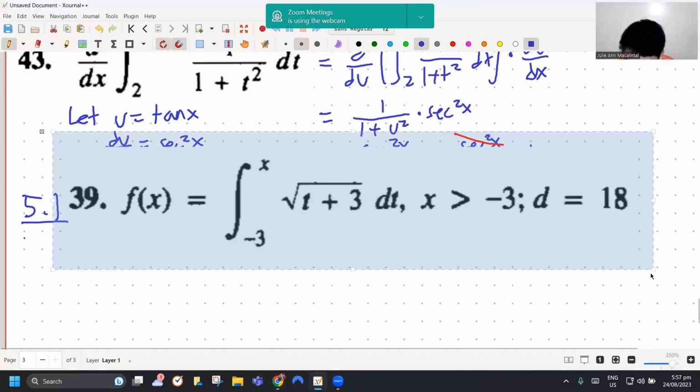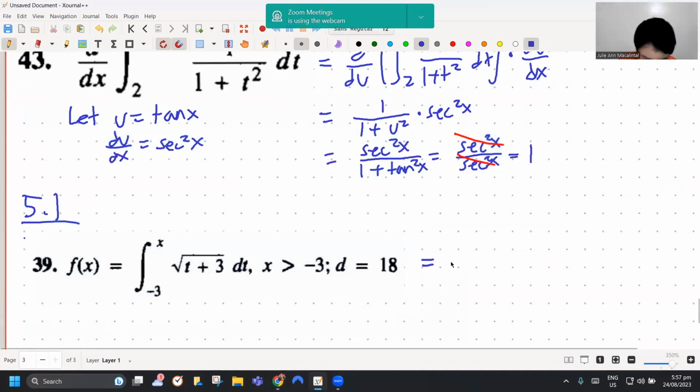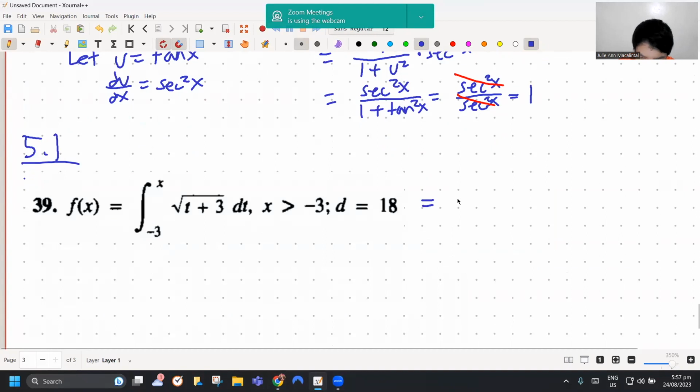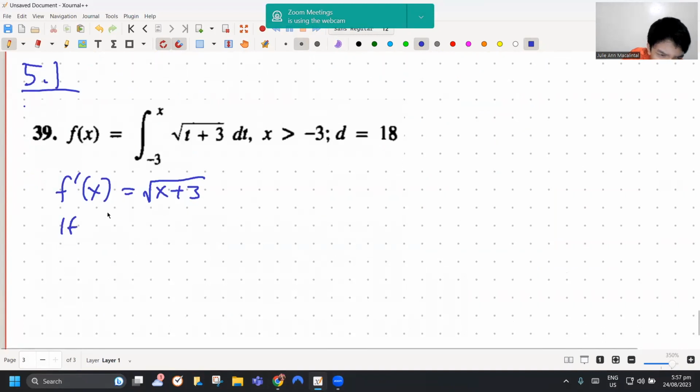I think ito yung last problem natin for tonight. Kapag 18, 18 is equal to the integral from negative 3 to c of square root of t plus 3 dt.